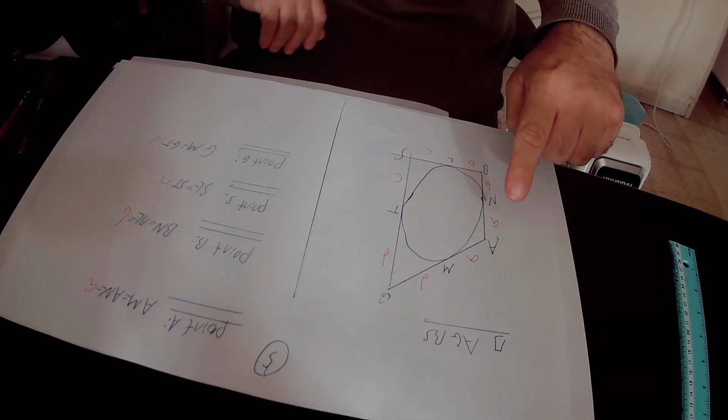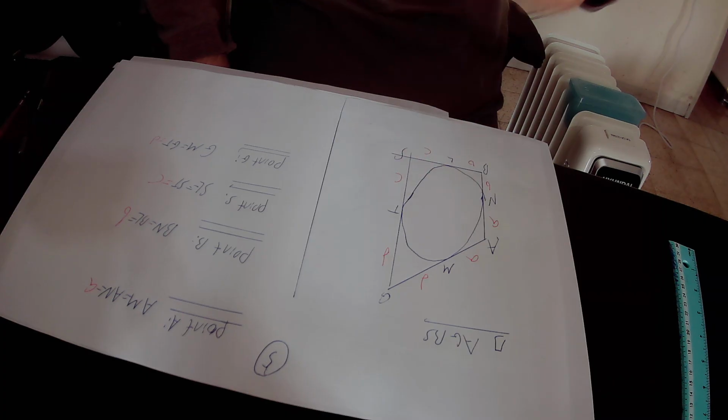Then we add side AB to side GS in this quadrangle AGBS.